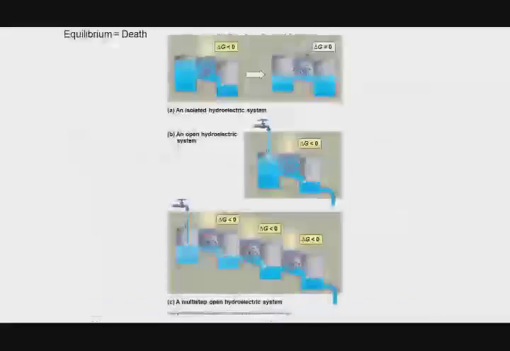Okay, so what we want to look at here is this example, kind of water running from one higher container to the other. As it moves from a region of higher energy to a state of lower energy, we can use that movement towards equilibrium to drive a hydroelectric system and light a light bulb. But when it reaches equilibrium, we're done. That's it. That's dead. You have to think about life as an open system.